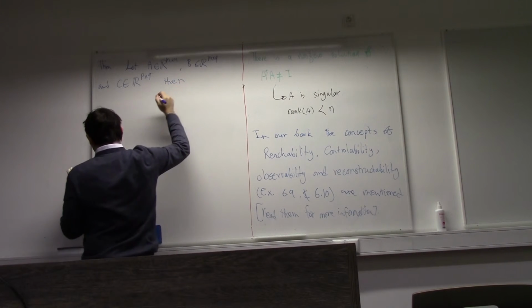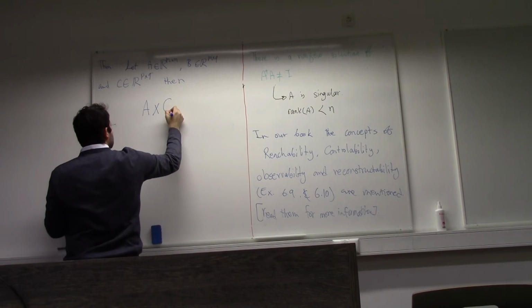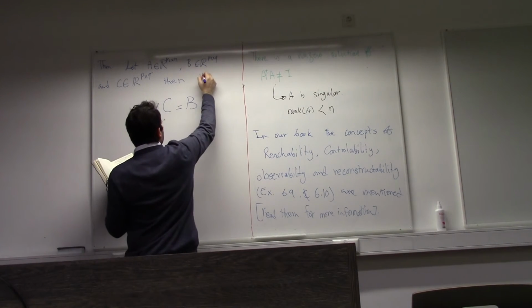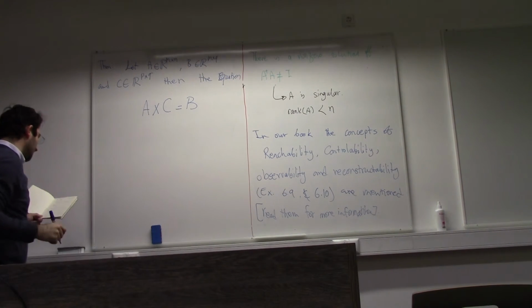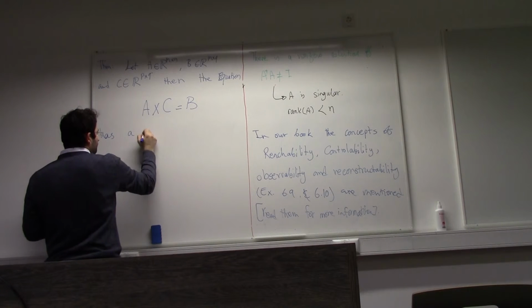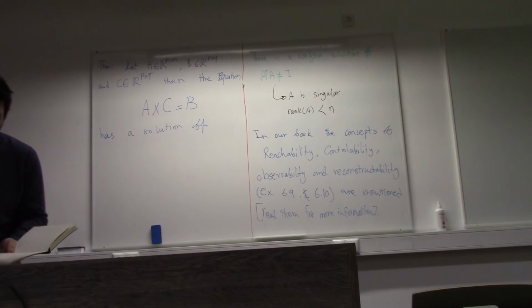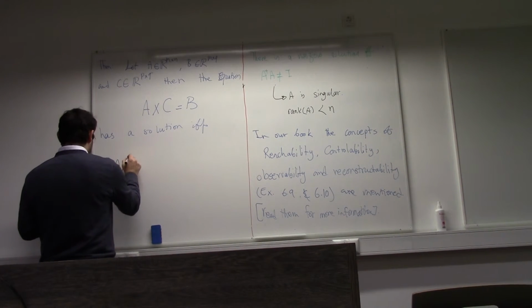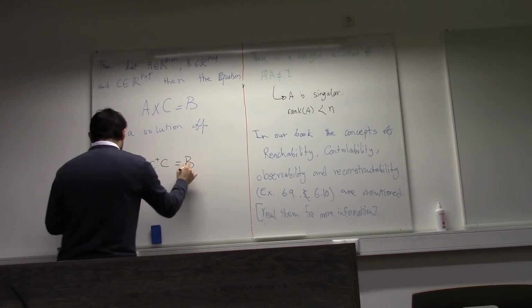Then the equation AXC is equal to B has a solution if and only if A plus B C plus C is equal to B.